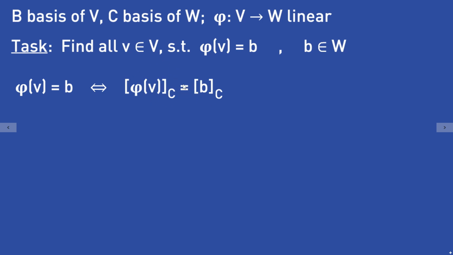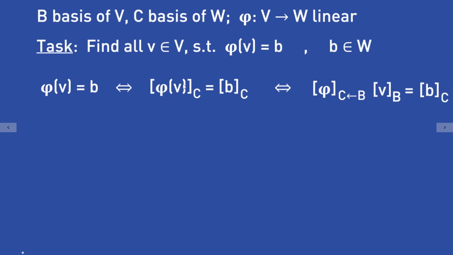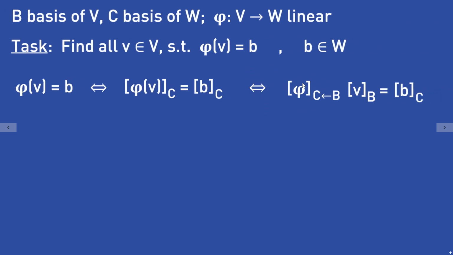So this here now means that the matrix representation of phi with respect to the bases B and C times the coordinate vector of v with respect to the basis B has to be equal to the coordinate vector of B with respect to the basis C.